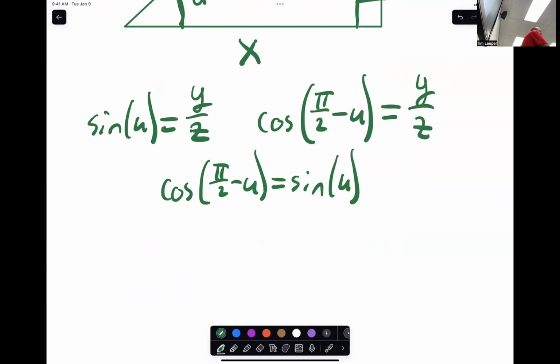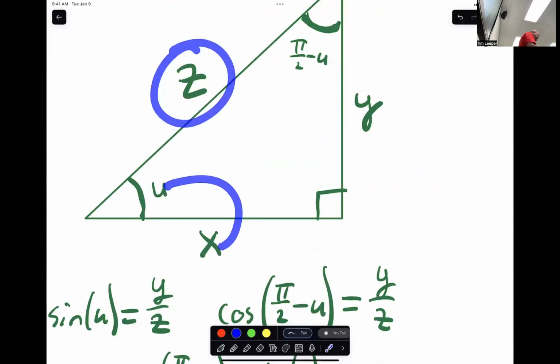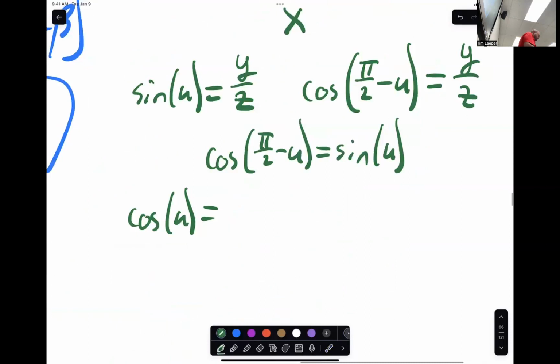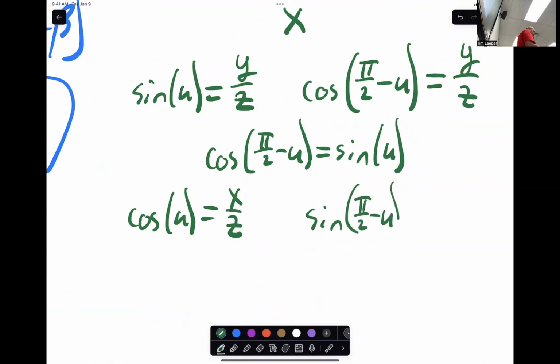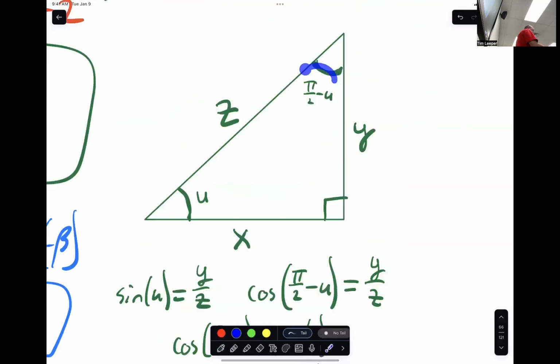Okay, so far? Now let's look at cosine of U. What is cosine of U? Well, it's the adjacent X divided by the hypotenuse Z. So cosine of U is X over Z. Well, what about sine of pi over 2 minus U? Well, pi over 2 minus U is here.